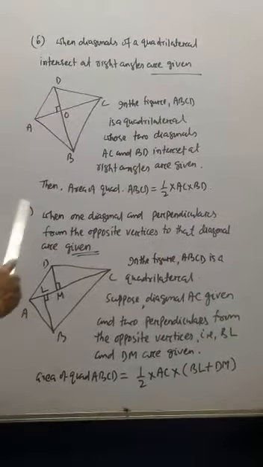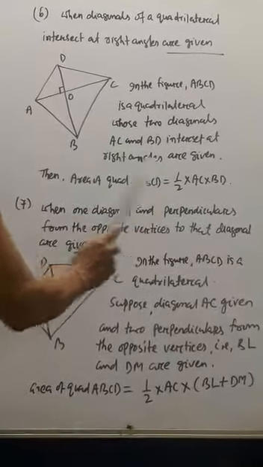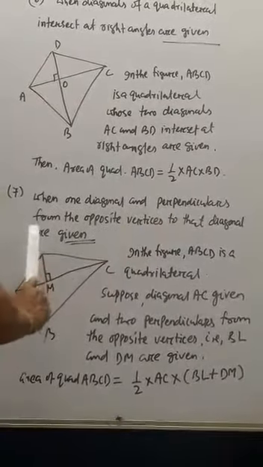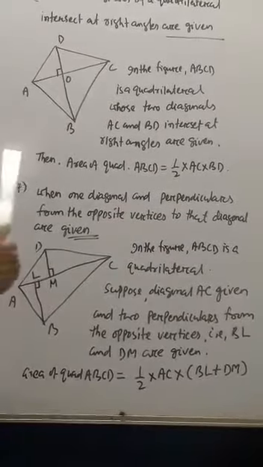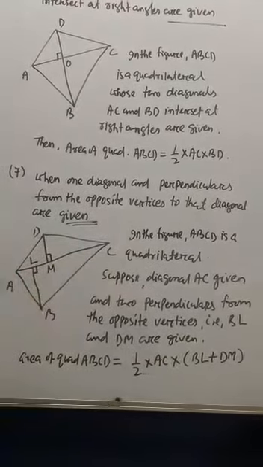Seventh point, when one diagonal and perpendiculars from the opposite vertices to that diagonal are given. Here in the diagram, ABCD is a quadrilateral.